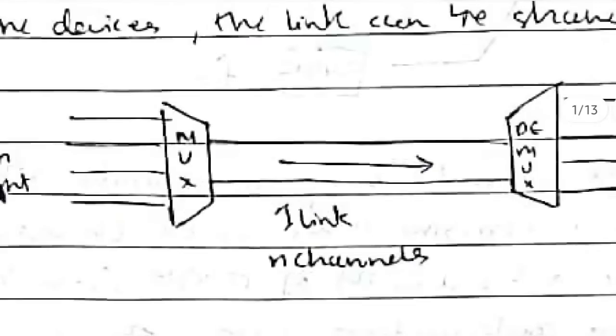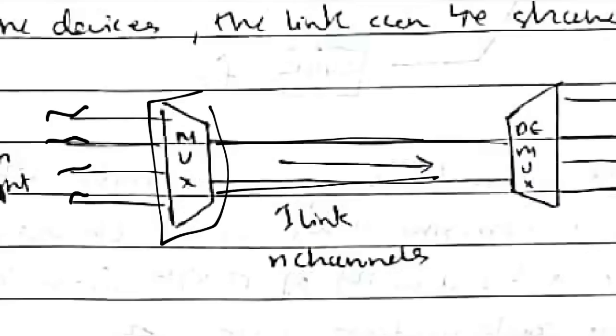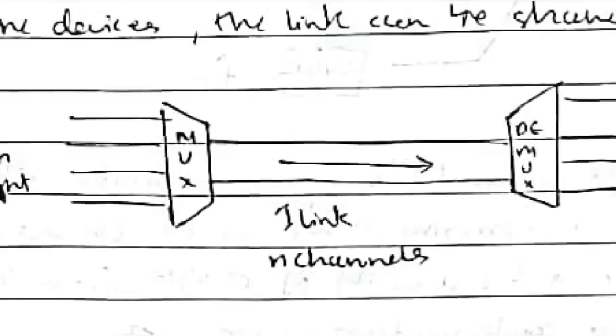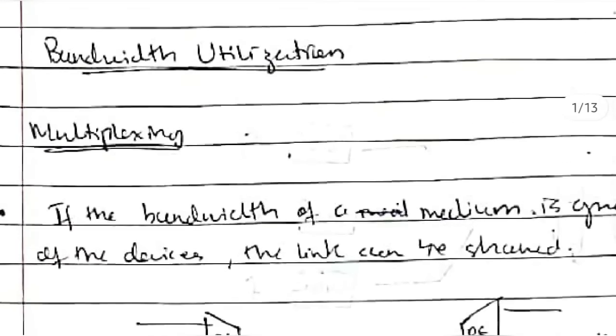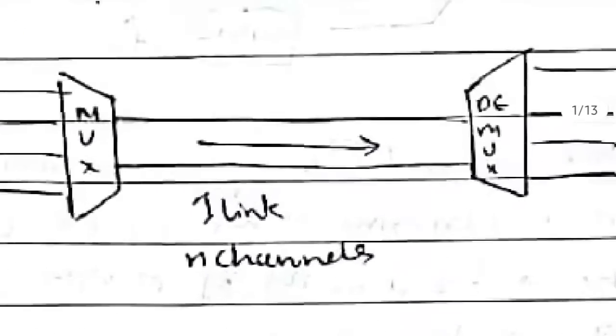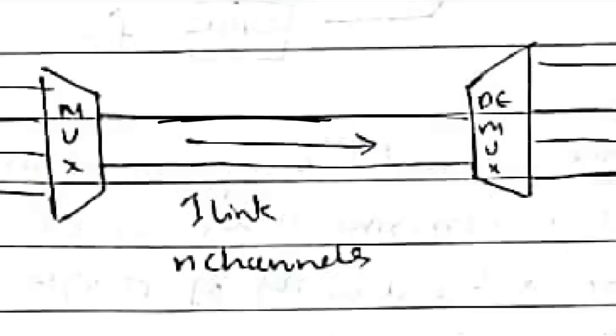Four signals are coming like this, and they will be multiplexed into a single link. This is known as a link, and these are known as individual channels. By the name only we can understand bandwidth utilization. Bandwidth means how wide the highway is, and utilization means utilizing the complete bandwidth.